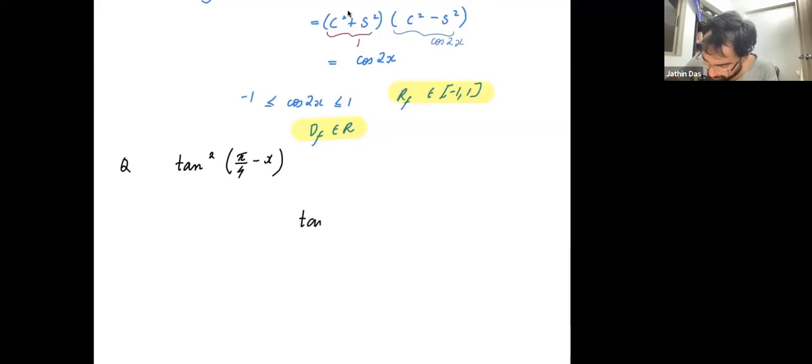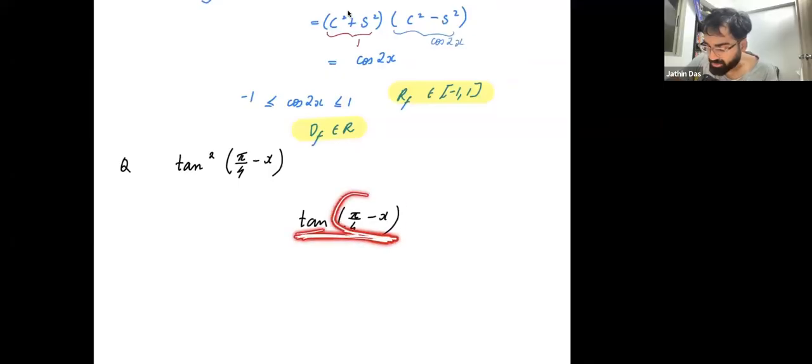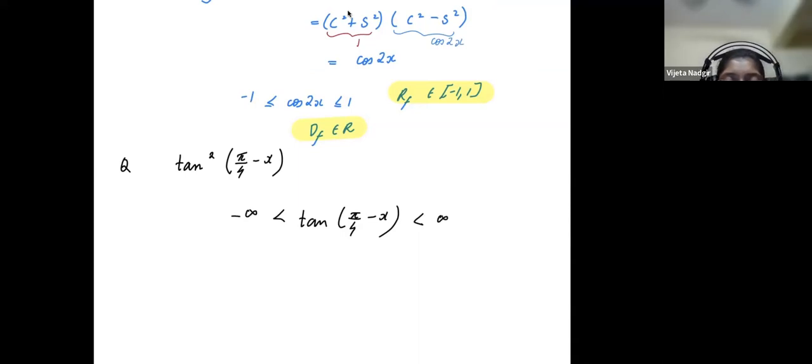You tell me, what will be the range of tan of pi by 4 minus x? This is a tan function. Whatever is inside tan doesn't matter. What is the range of tan? Minus infinity to infinity.